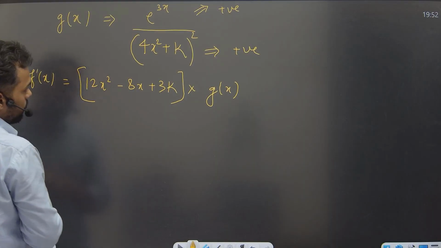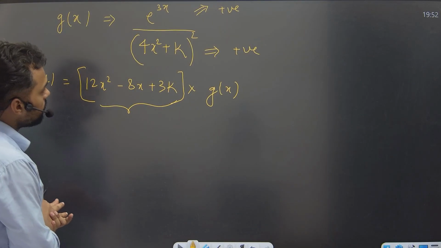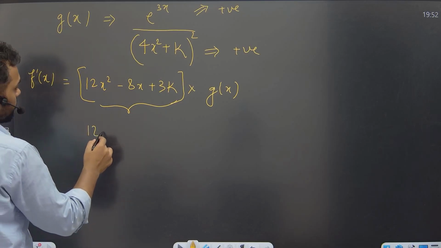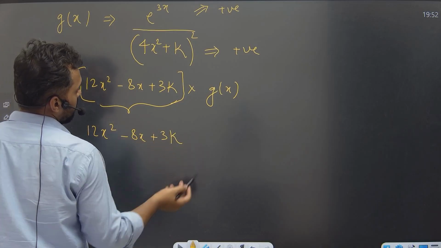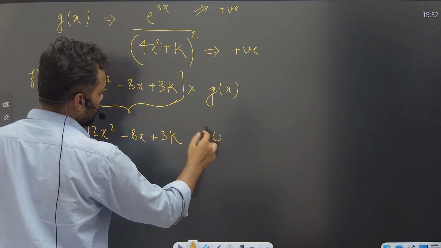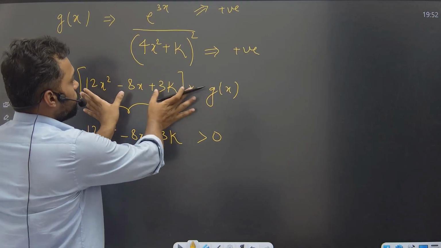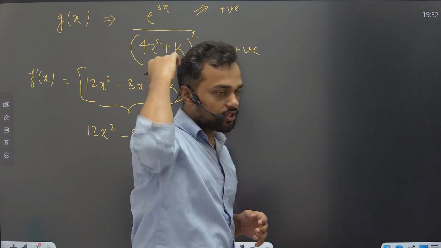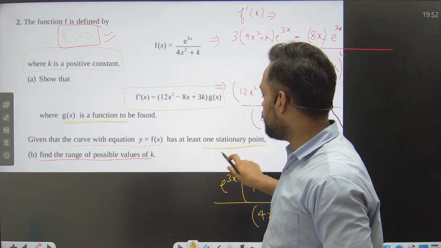If we are talking about range, students, this part 12x² minus 8x plus 3k, if it is greater than 0, so for the product of two functions, f'(x), because we are calculating f'(x) here, it has at least one stationary point.